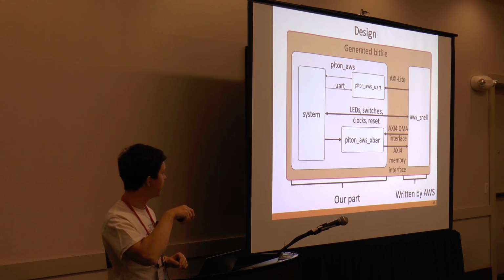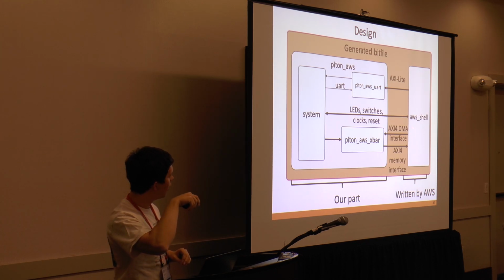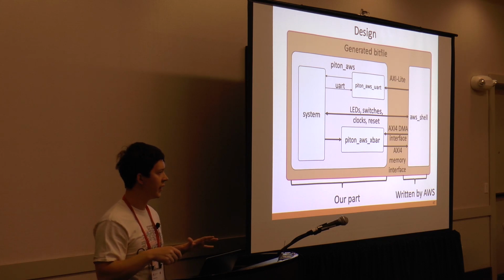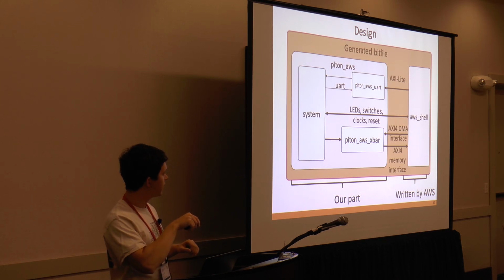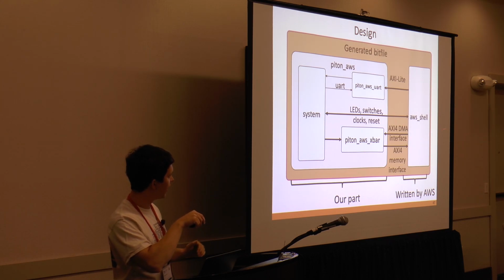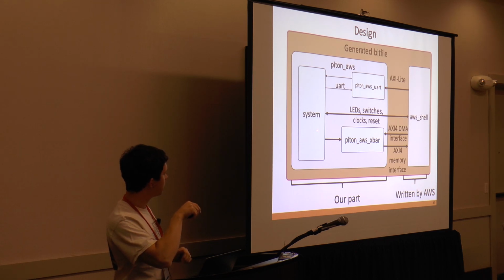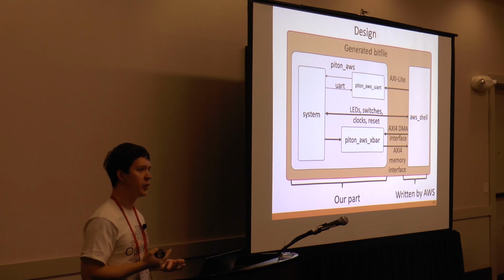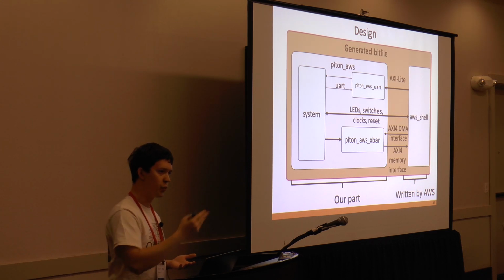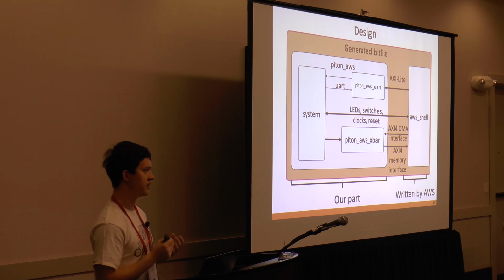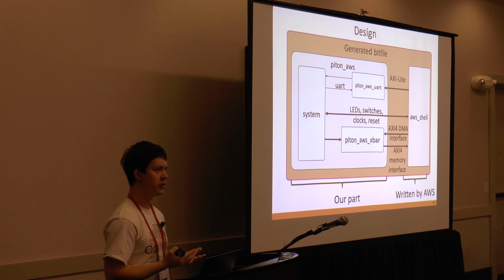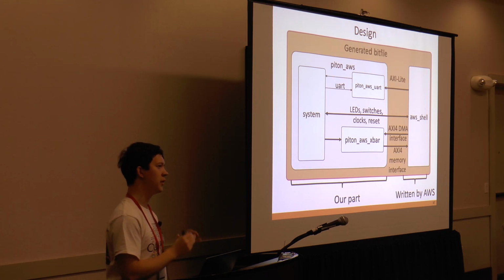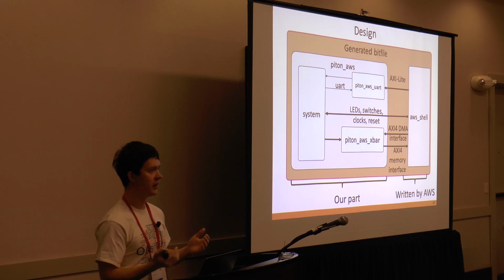The second interface which Amazon provides is the DMA interface, which is used in our case to write data from the host, which is virtually on the right, through the shell to the system on the left. This is very convenient if, for example, you need an SD card. These boards, as I mentioned earlier, have micro SD slots, but on Amazon, it's only an FPGA with main memory and a PCIe interface.